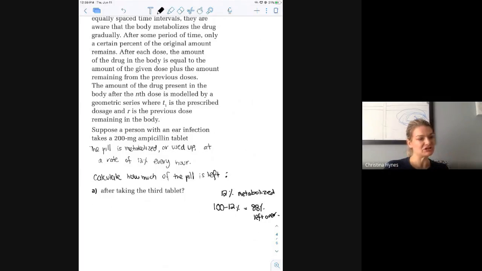So we're going to solve for, instead of the third tablet, I want to change this to 3 hours. Let's figure out, after 3 hours, how much is left?